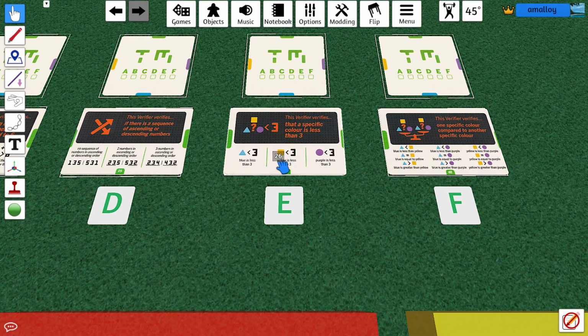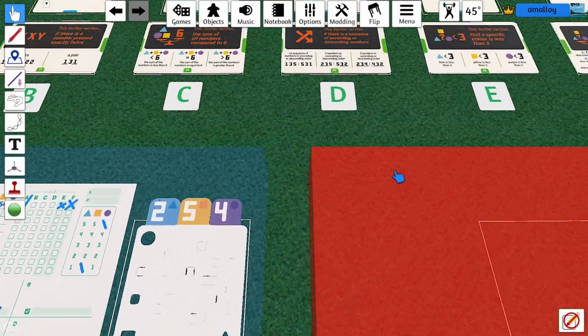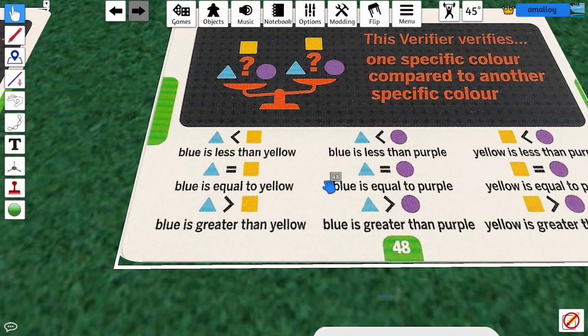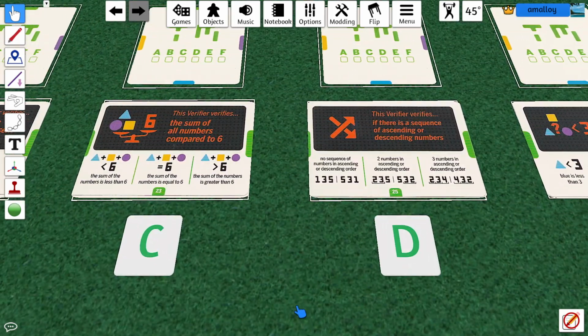So it would have to be 2, and purple would have to be 1. And what else do we know about the relationship between... Some comparison between blue... Blue is greater than or equal to something. Well, okay, fine. That's not too constricting.